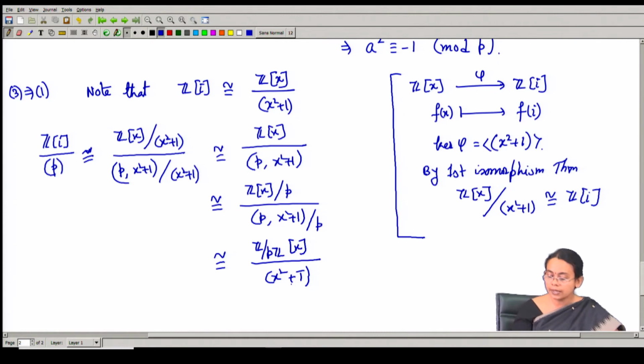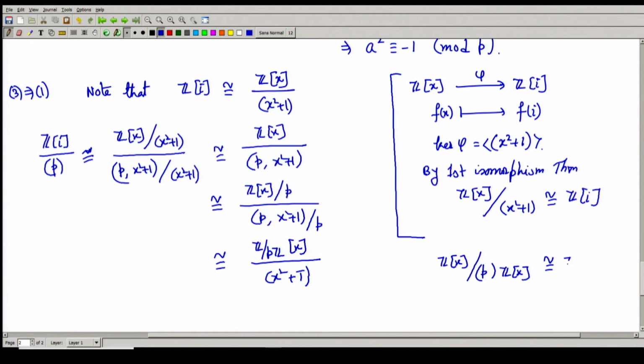So, you can see here again the next observation is that this Z[x] quotient the ideal generated by p in Z[x] is isomorphic with (Z quotient pZ)[x]. So, how do you prove this statement?